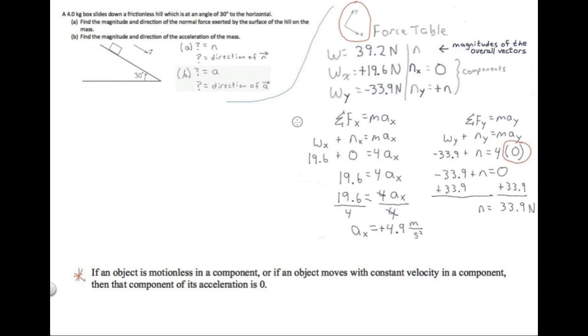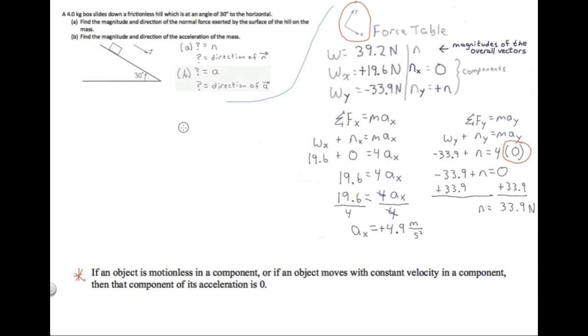We can see now why it was helpful for this inclined plane problem to choose an x-axis which is parallel to the incline. The main reason why these axes are helpful for this problem is that they allow us to substitute 0 for a sub y. If we had chosen horizontal and vertical axes for this problem, then we would not have been able to substitute 0 for either a sub y or a sub x.